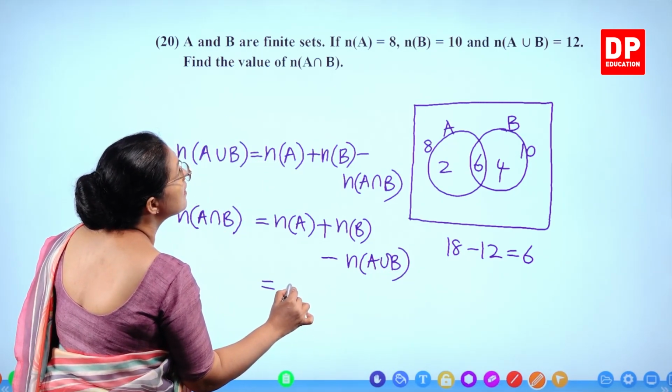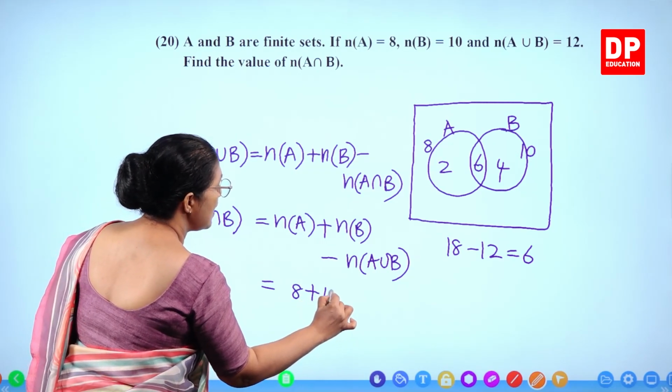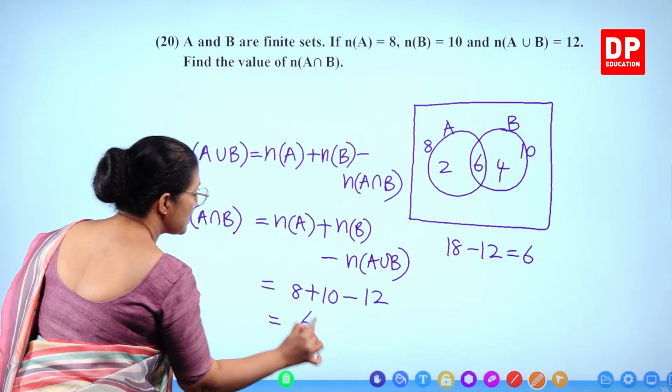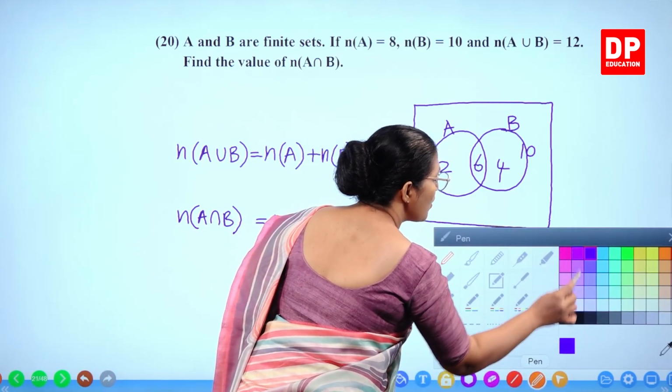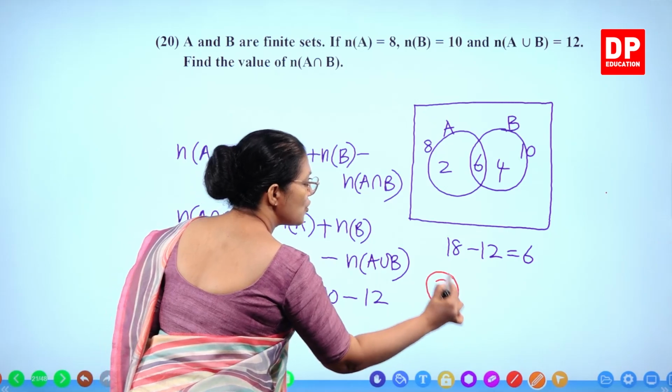So in A 8, in B that's 10, minus 12. 18 minus 12, that's 6. Either you can use the equation or you can use the diagram. So you get 2 marks for that.